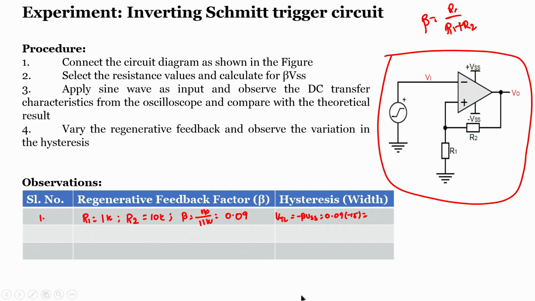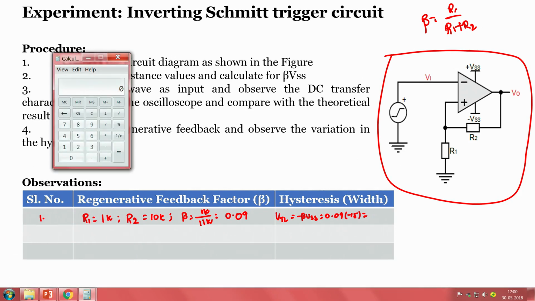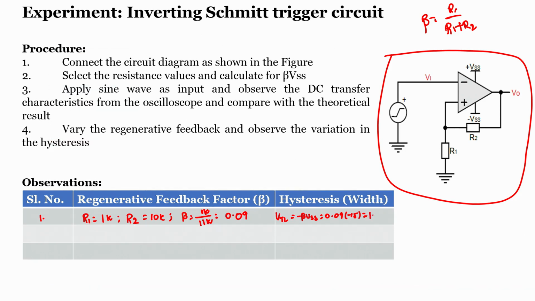When we calculate 0.09 into 15, we get 1.35. So, why 15? Because I am going to use plus VCC and minus VCC as 15 volts and minus 15 volts. So, R1 initially I will be considering 1K and R2 as 10K.